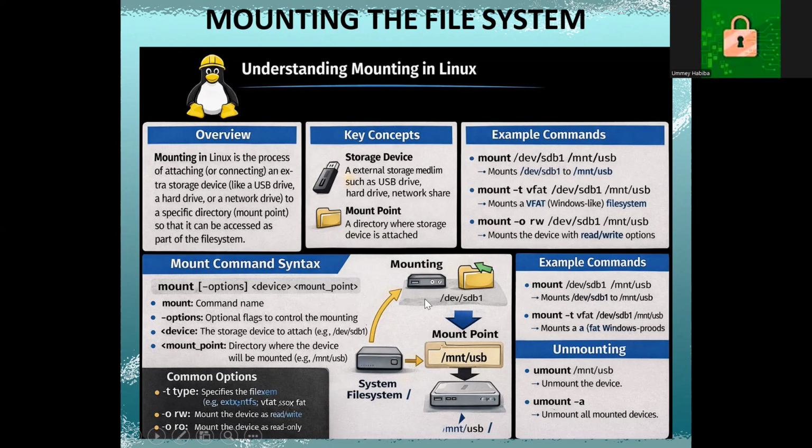This image shows the mount point, whether you are using a USB, a CD-ROM, or maybe sometimes a hard disk. These are the processes of mounting the file system in Linux.